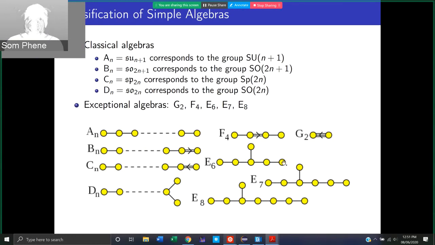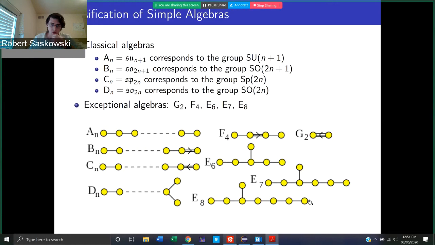So like this is E6, E7 is just one extra dot, E8 is another, E9 is just adding a dot over here, and that can be shown to be infinite dimensional. That being said, I'm not very familiar with E9, E10, etc.